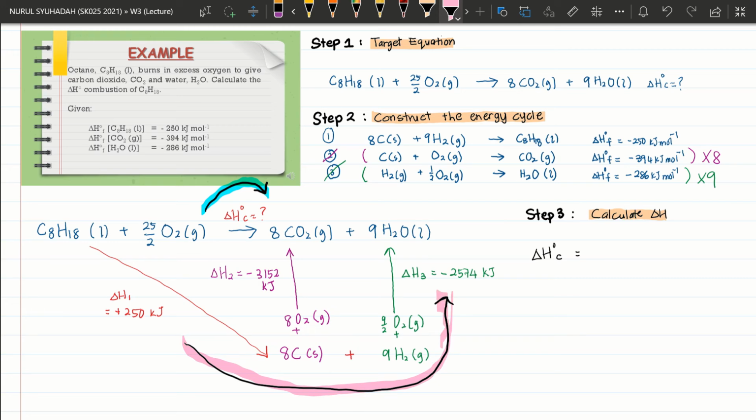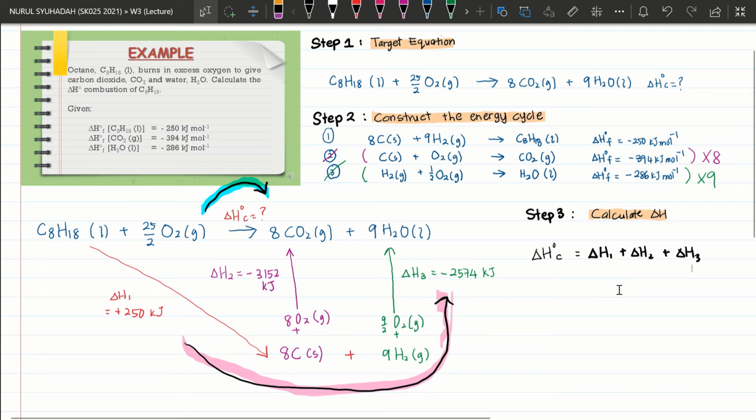So we're going to put all the delta H in the same direction on one side. That's why the value will be delta H1 plus delta H2 plus delta H3. So it will be like this.